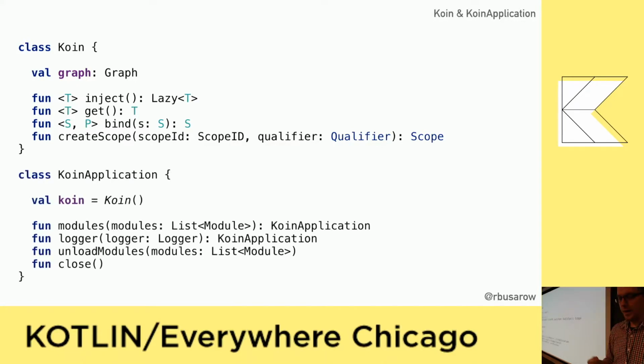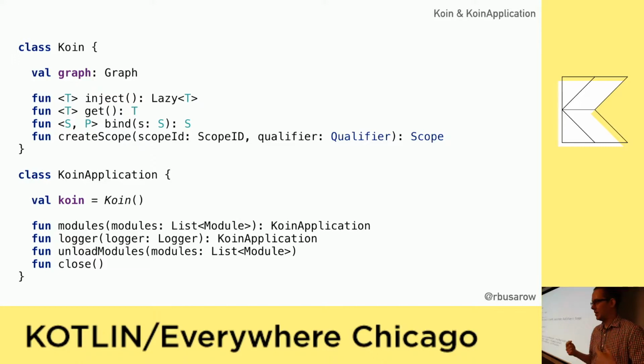And then we have Koin application. Koin application is a wrapper for the Koin class. It delegates most of its functionality, most of the calls that it has via extension functions, right down into the Koin interface. But it also does stuff of its own.